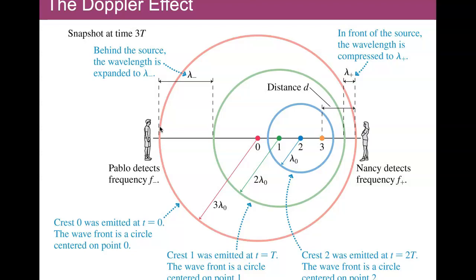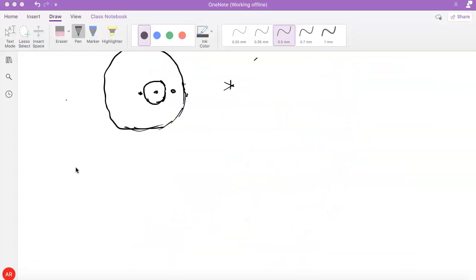And we know two things. We know the speed of propagation of sound in the air or in the medium. We also know the speed of the source. We know how fast the source is moving. Let's try to find those two effective wavelengths.